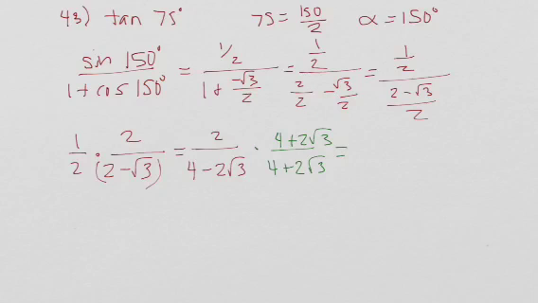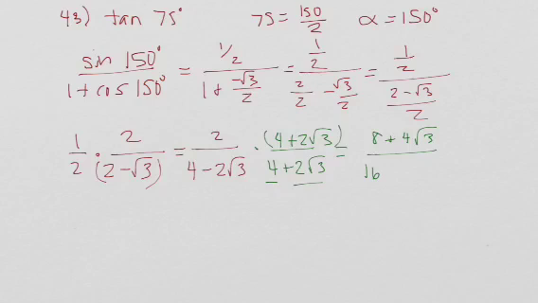So numerator, again, it's going to be like FOIL, monomial times binomial. 2 times 4 is 8. 2 times 2 square root 3 makes 4 square root 3. And then the denominator. Again, the middle terms are going to cancel, and I'm going to end up with 4 squared, which is 16, minus 2 square root 3 squared. Well, 2 squared is 4.